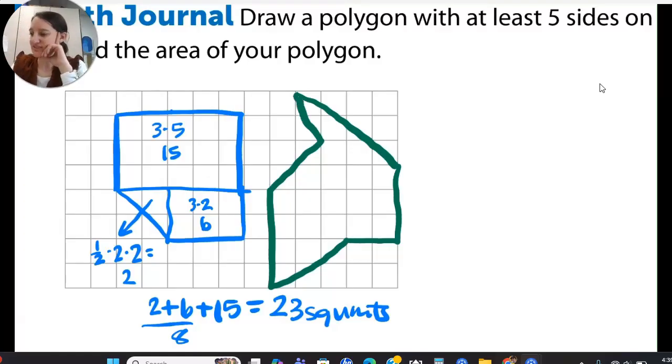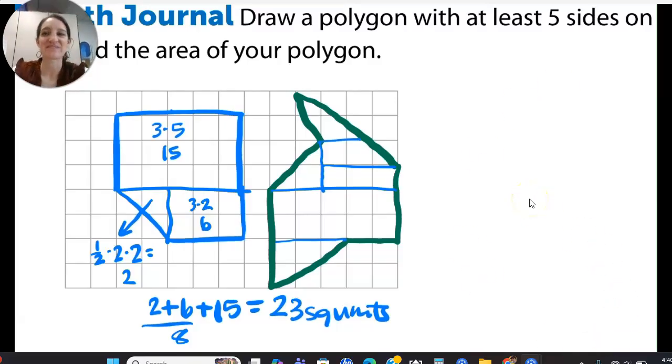Oh, what would you do? Let's see if we could do it. Oh yeah, maybe not. All right, have fun with that one. You can make it a little more simple. It really needs 5 sides.